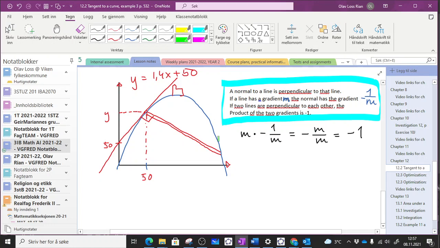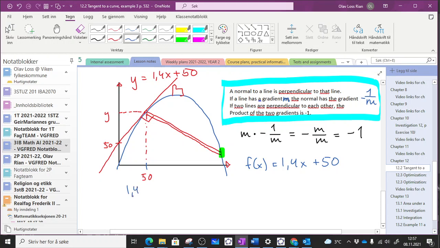So we want to find the coordinate for this point here. And we begin with the equation for the normal to our tangent. So our tangent, that was f of x equals 1.4x plus 50. And in this case, it's easier if we write 1.4 as a fraction.